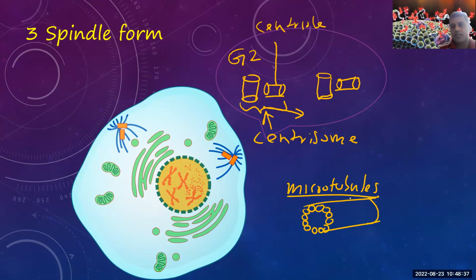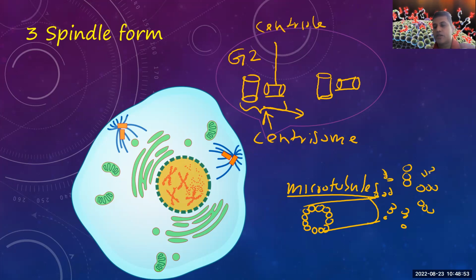Then the microtubules are organized in threes, like this: 1, 2, 3, 1, 2, 3. Nine triplets of microtubules, 1, 2, 3, 4, 5, 6, 7, 8, 9, make the centrioles.